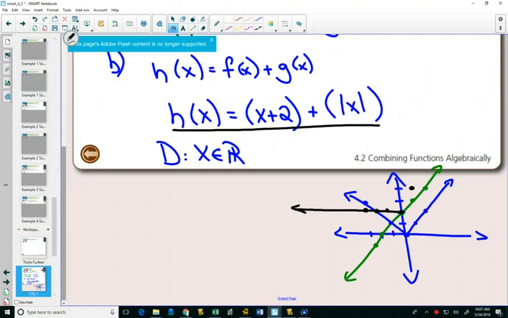No, that's 4. 2 plus 4 would become 6. And then looking at our black graph, and it's only by looking at our graph that we are able to tell at this point that the range is bigger than or equal to 2. That is a weird graph.